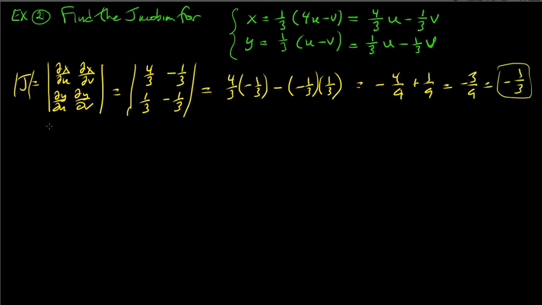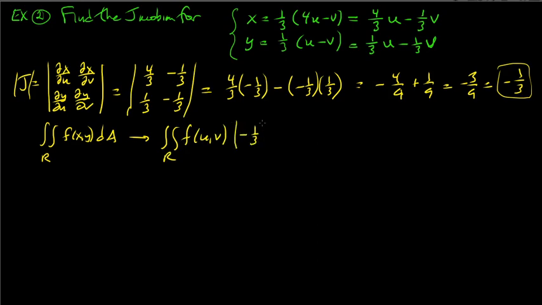However, if you want to go from a double integral of some function of x and y, right, and you want to use u and v instead of x and y, then you take the absolute value of the determinant, 1/3, right, and you just get positive 1/3.